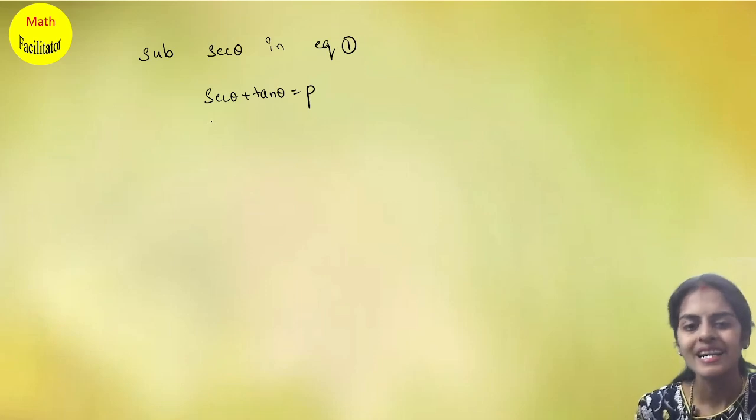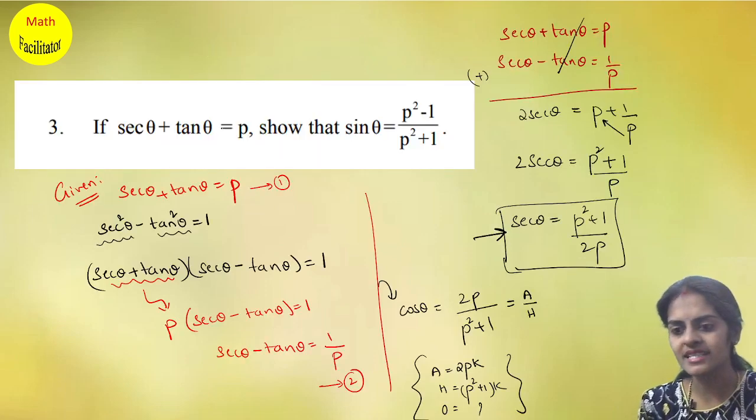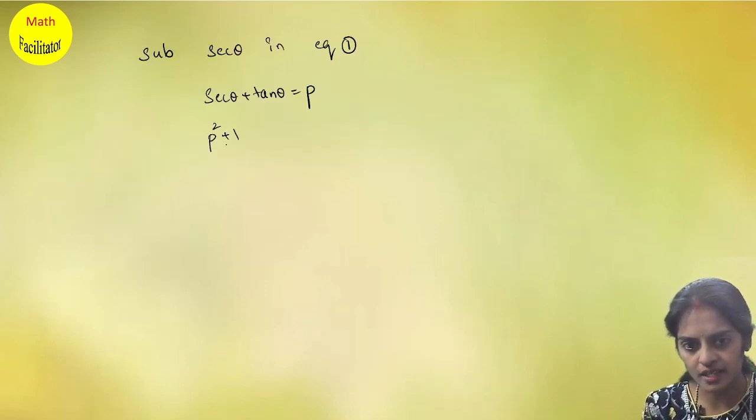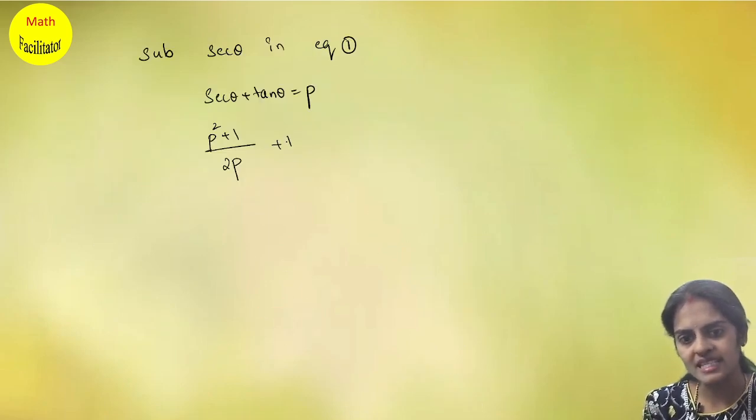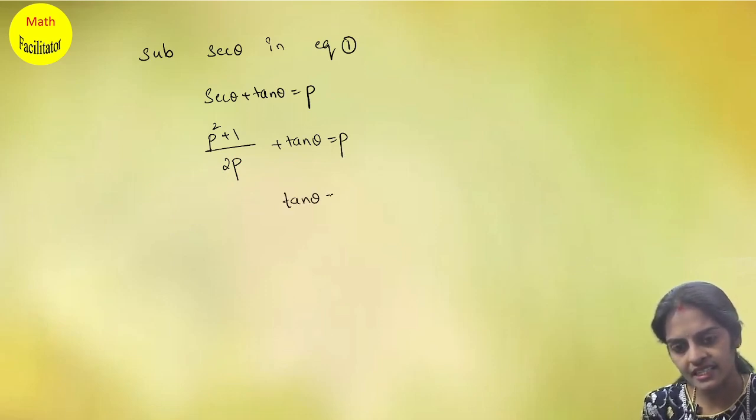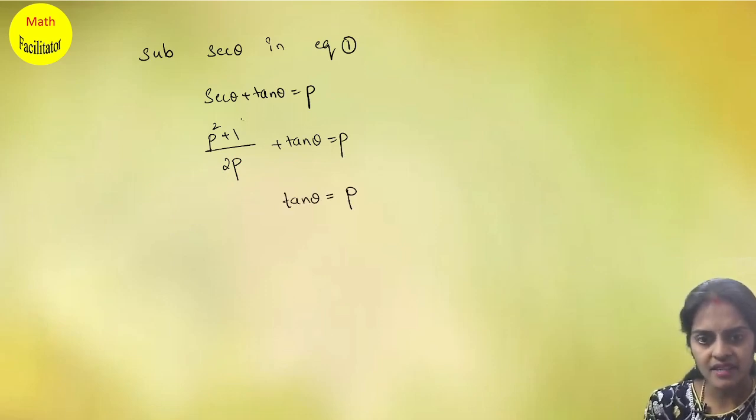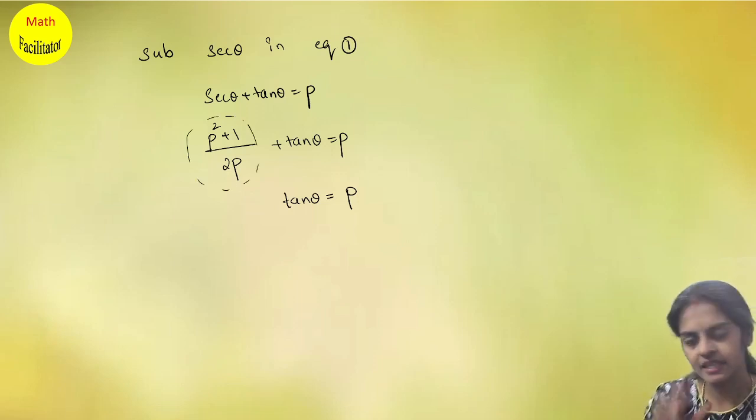Now see, secant theta value is what? Secant theta is (p square plus 1) by 2p. So substitute that value, plus tan theta equals p. So what is tan theta now? Tan theta value is nothing but p minus this entire term, if I take it to the other side.